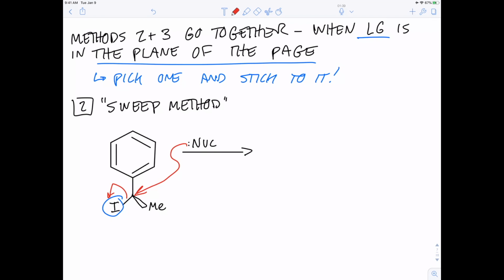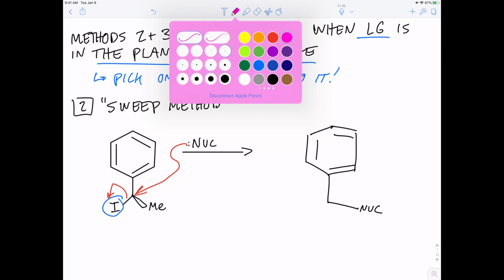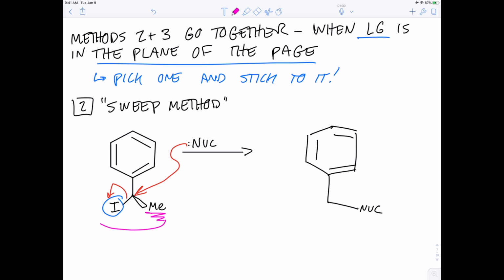So when we talk about the sweep method and drawing our product, in the sweep method, I like to draw the nucleophile in as though it had just come from the backside, or approximately 180 degrees. So if this had truly come in from the backside, the nucleophile would be coming in from this direction. And we then think about having our groups, our random R groups here, as just getting swept along, but not changing their wedge or dash.